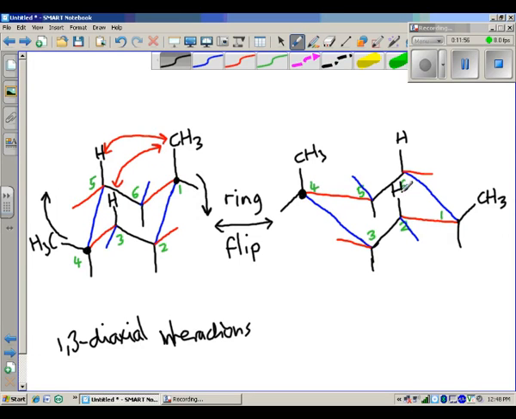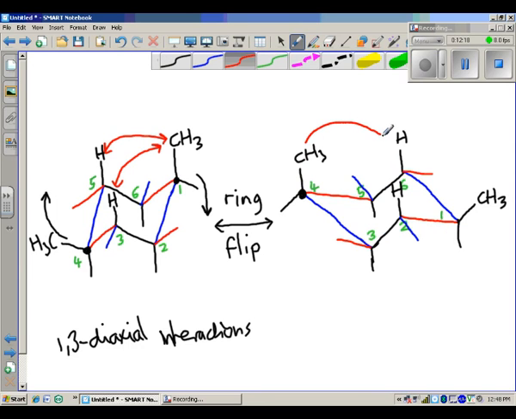Remember that when we talk about 1,3 diaxial interactions, we're talking about what groups are on position number 3 relative to this one. Don't worry about the actual numbering here. If you can go 1, 2, 3, and both are axial, those groups will interact in a 1,3 diaxial interaction. Just as you can do 1, 2, 3 the other way.